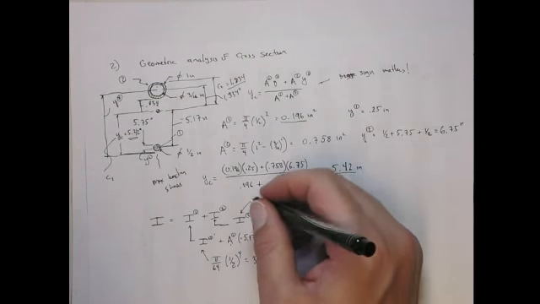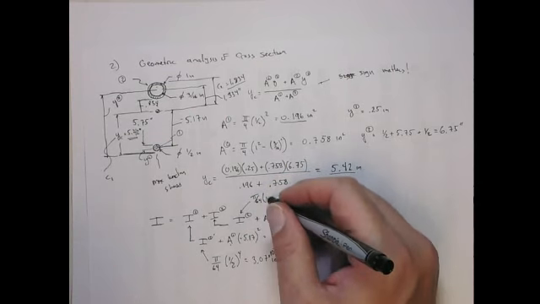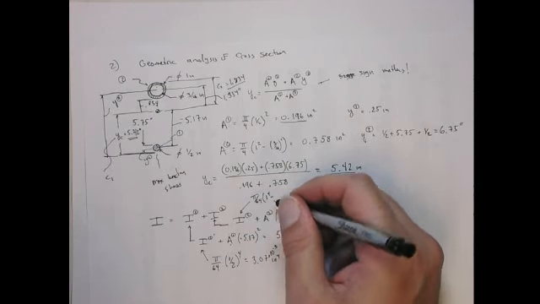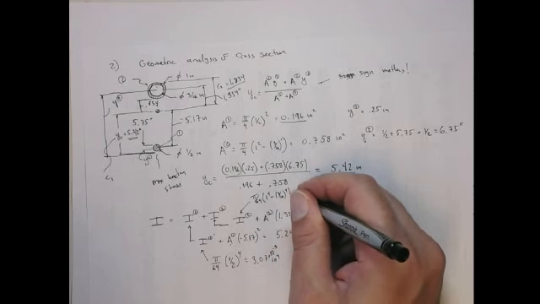Likewise, this one is going to be pi over 64, the outer diameter to the 4th minus the inner diameter to the 4th.